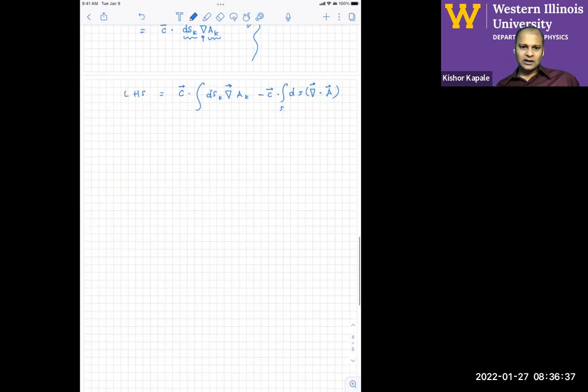Okay, and then you can do the right hand side, which is the line integral or a contour integral over the boundary of the surface, is dl dotted with A cross C, and there also you could take the C outside.